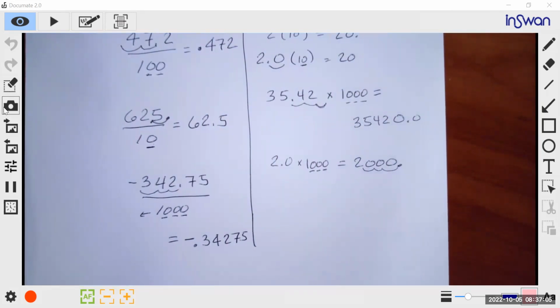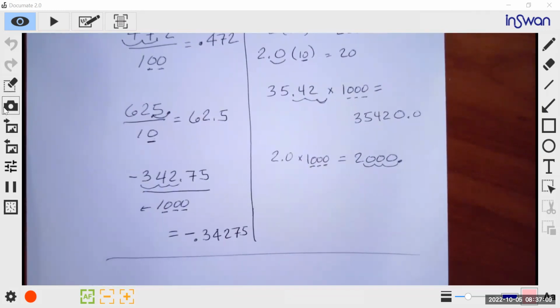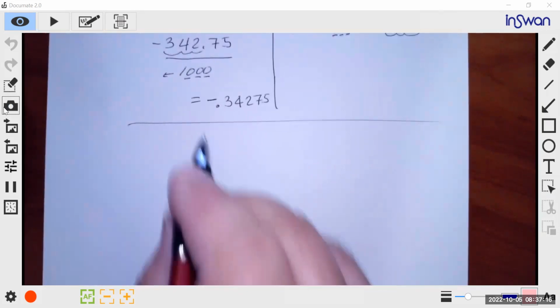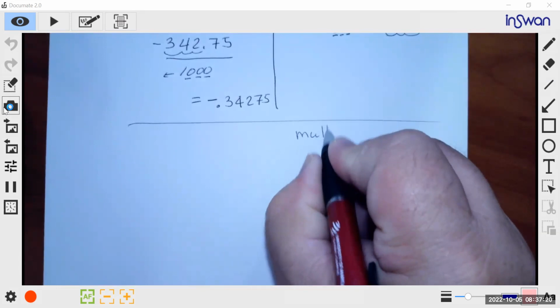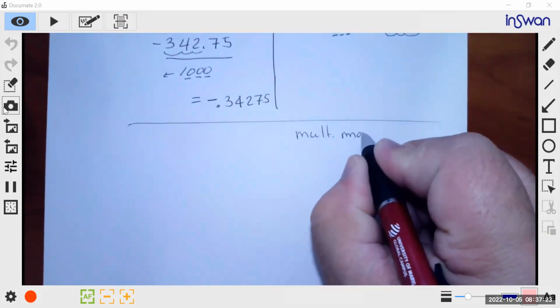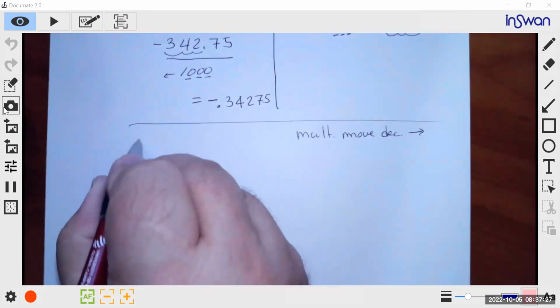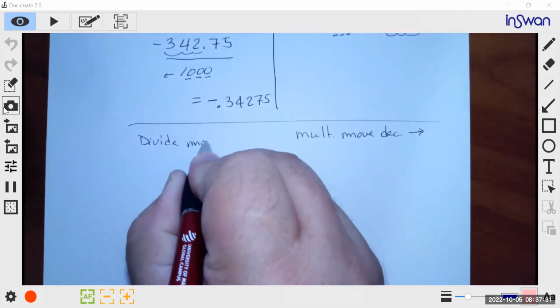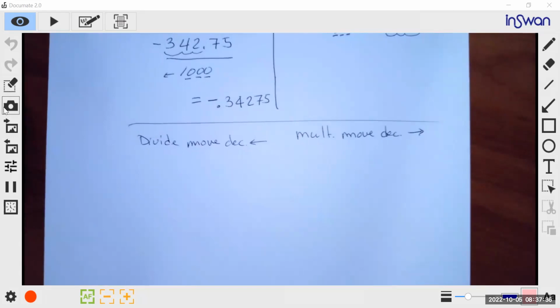When you're dividing, you move it to the left. So multiply, move decimal to the right. Divide, move decimal to the left.